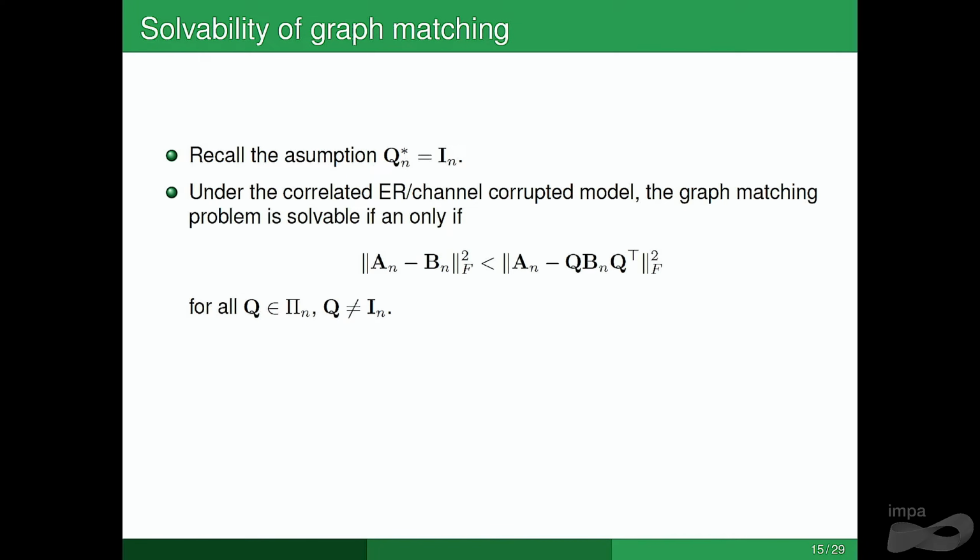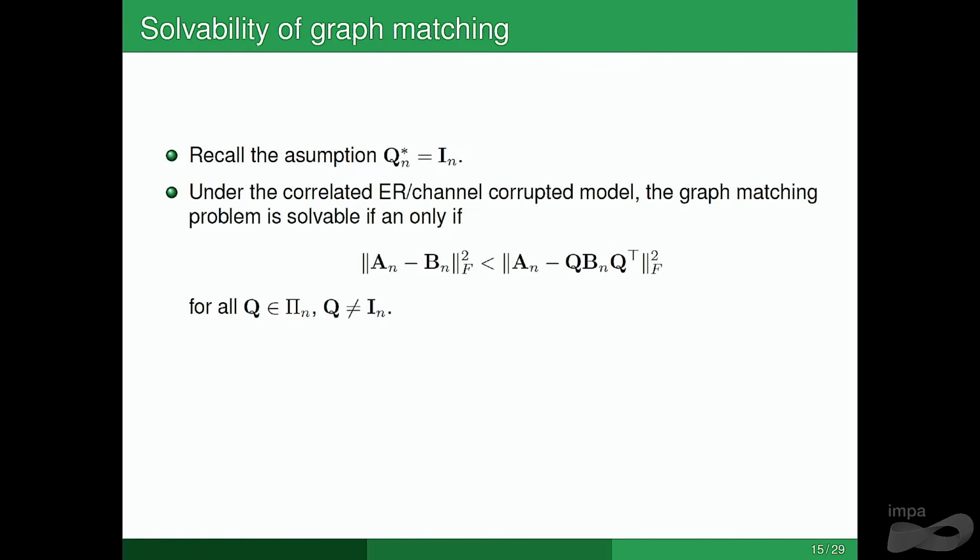Okay, so now the question is, when are we able to solve the graph matching problem? As a reminder, we're using the assumption that the true permutation is the identity, just to simplify the notation. Under this assumption, and with the loss function that I mentioned previously, the solution of the graph matching problem is going to be correct whenever this loss function evaluated at the true permutation, which is the identity, is smaller than at any other permutation.